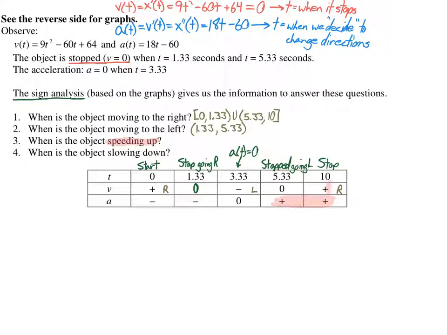This is an agreement, since velocity and acceleration have the same sign. So not exactly at 5.33, but after 5.33, up to 10, we are speeding up. Notice though, we're also speeding up anywhere that we're in agreement here.